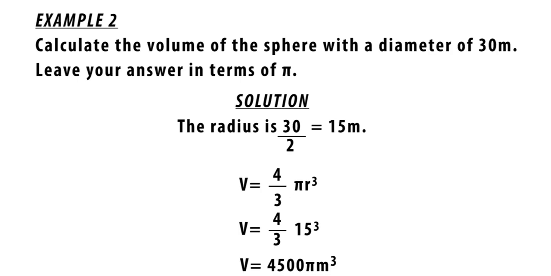We then substitute this into the formula, and we get 4/3 multiplied by pi multiplied by 15 cubed. When we use our calculators to simplify this, you have 4,500 pi meters cubed. We are to leave the answer in terms of pi. That is very, very easy and simple.